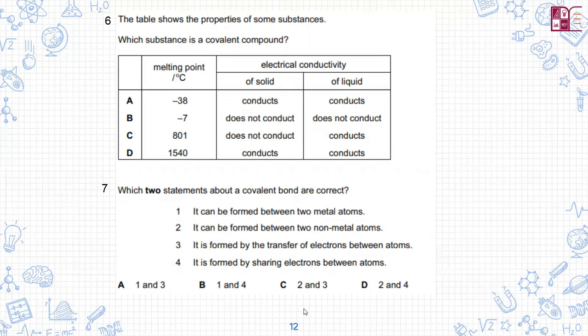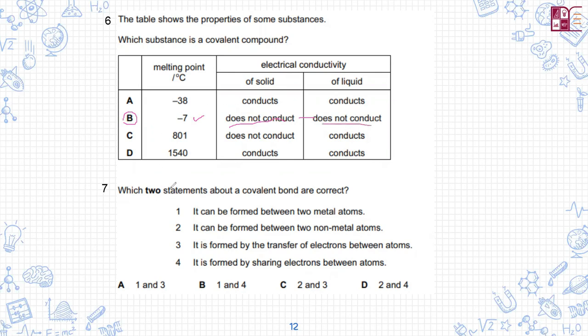And the melting points and boiling points are always lower, never high. So they have the lowest melting points and do not conduct electricity. So this one is going to be correct.